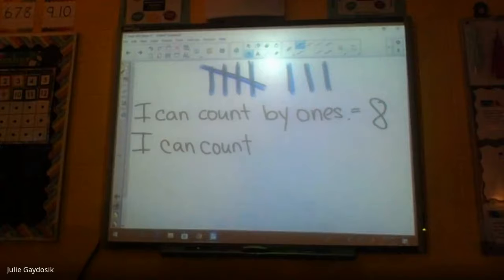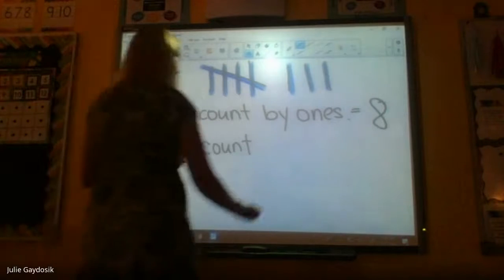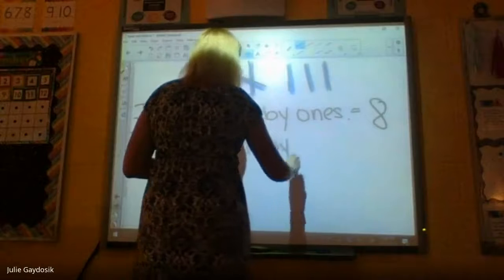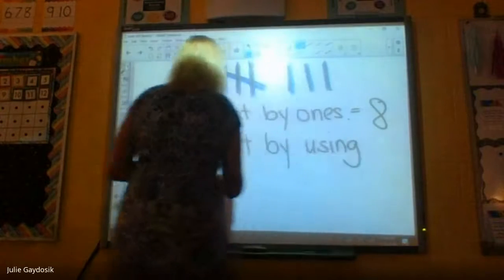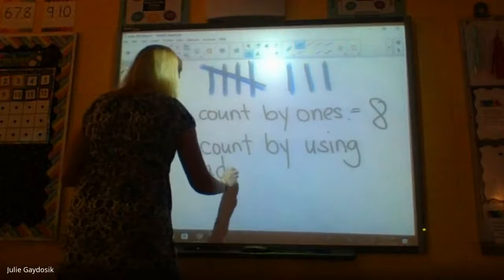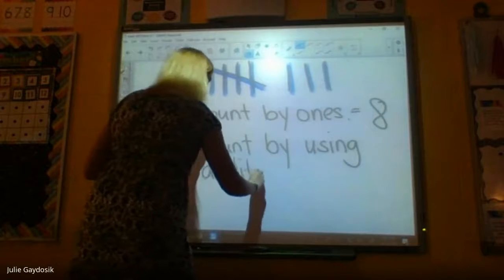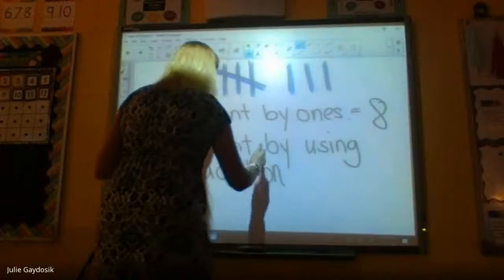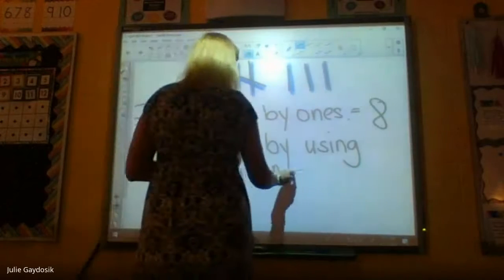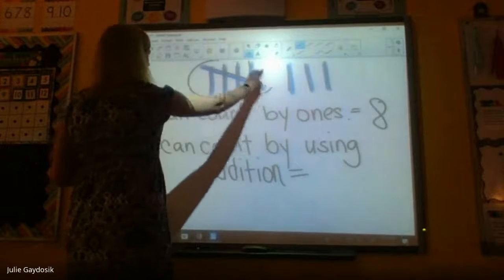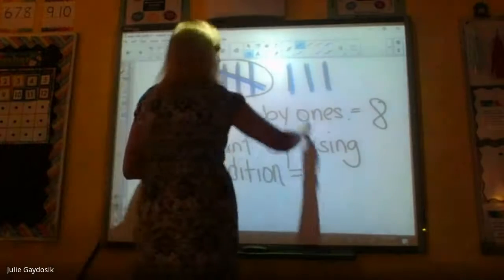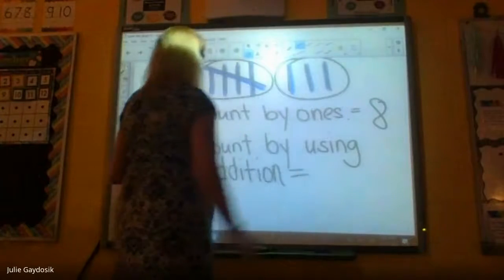Another way I thought of to count those tally marks was to count by using addition. I see that there is a group of 5 tally marks here and a group of 3 tally marks here.